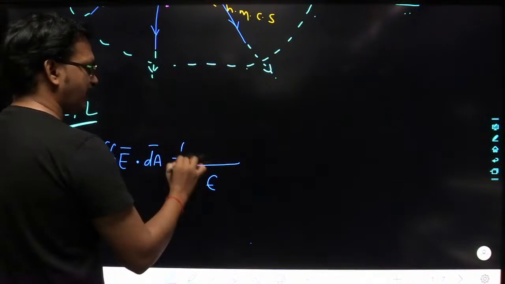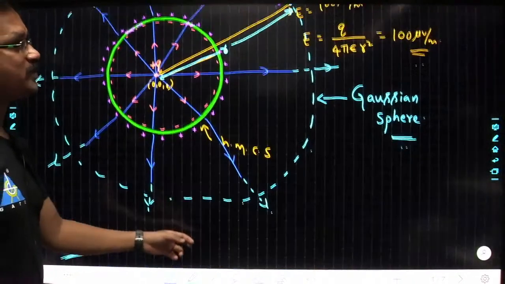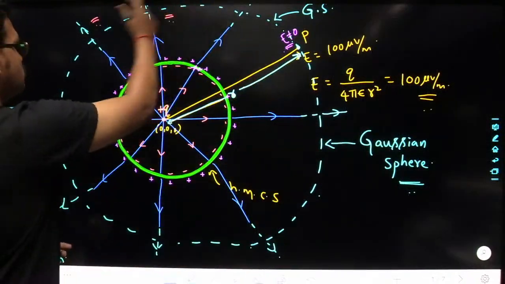So here you have to write what is the charge enclosed by this Gaussian sphere. What is the charge enclosed by this Gaussian sphere here?